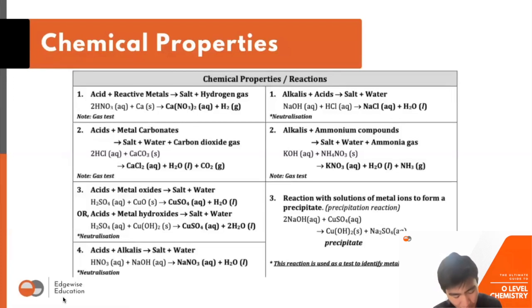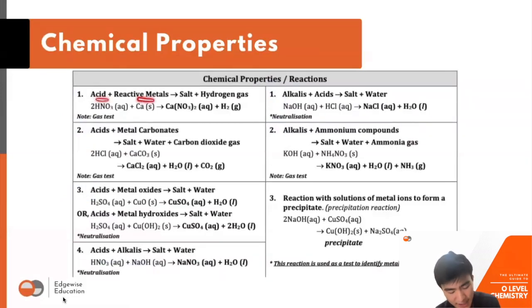What is most important is number 1 for both sides, number 2, number 3, and this one over here. This one is repeated on top, so actually you only have 6 reactions, and 5 out of 6 are very important. I'm going to bring you through one of each very carefully. Let's start.